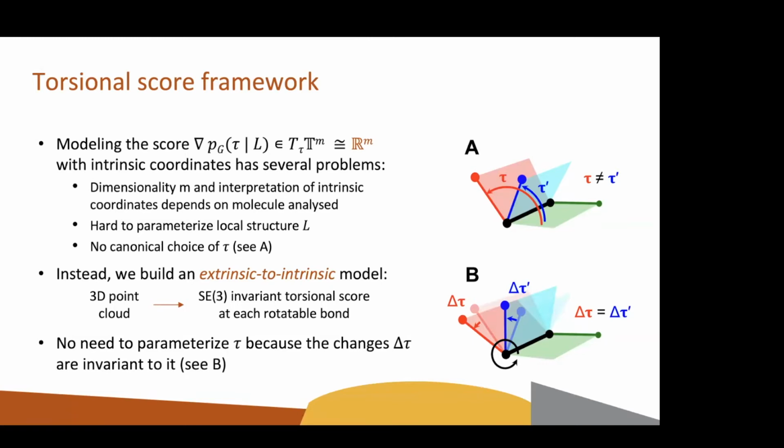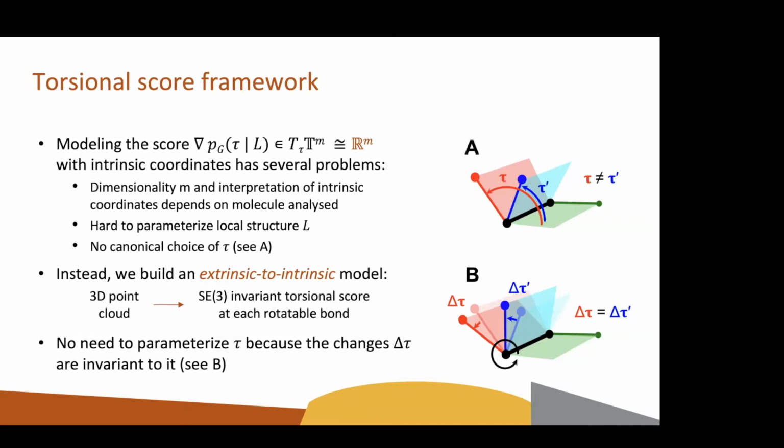Even if you're not feeding the torus to the score model, you need to have a notion of the diffusion on the torus, which is not well defined if you don't have a position on the torus. Well, this also is something that we don't have to worry about, because if you look at the score-based modeling framework, you're always dealing with changes, displacements on the torus, which we are labeling as delta tau.